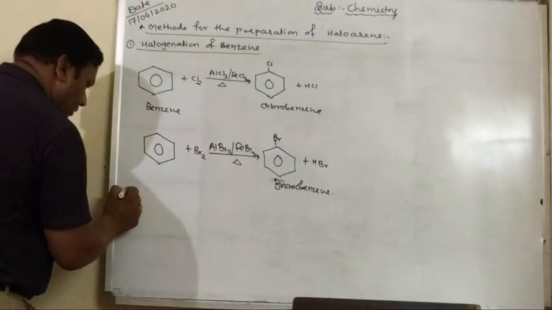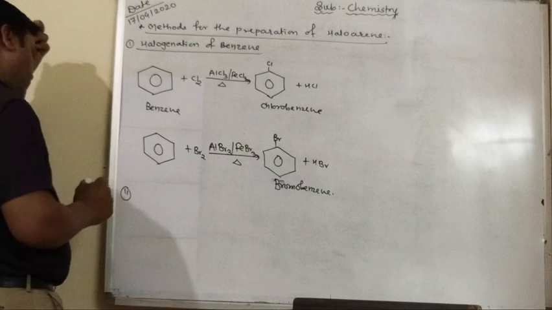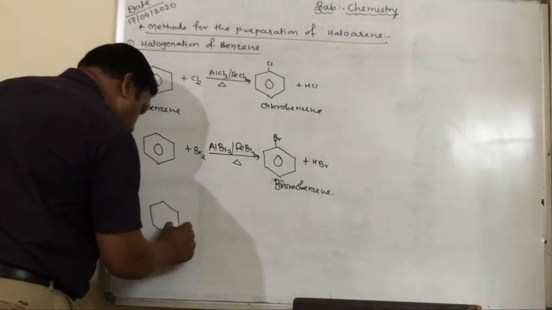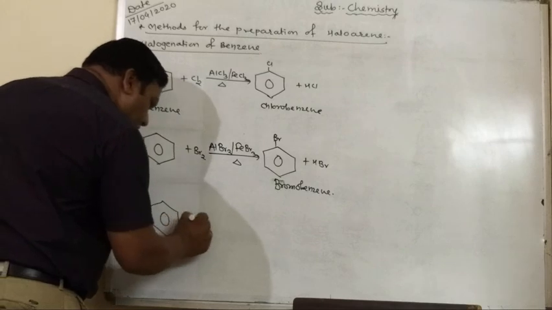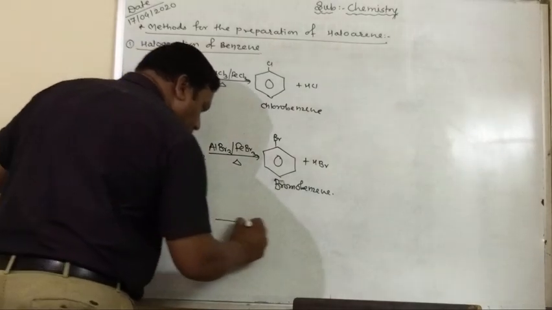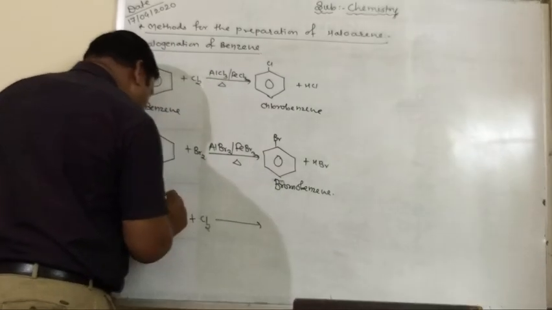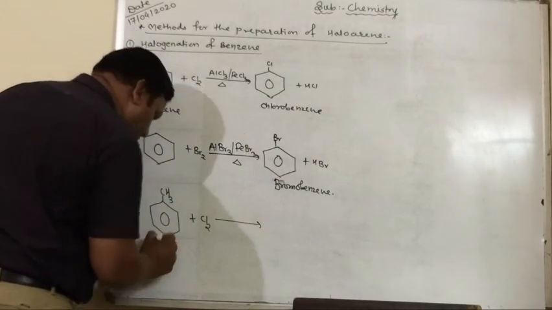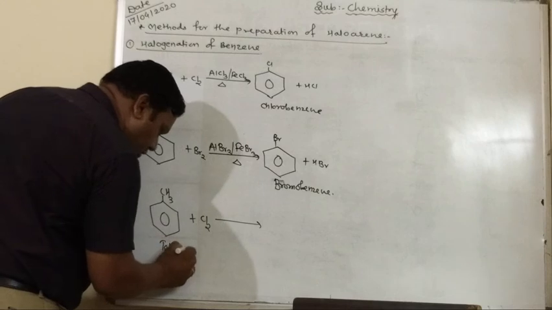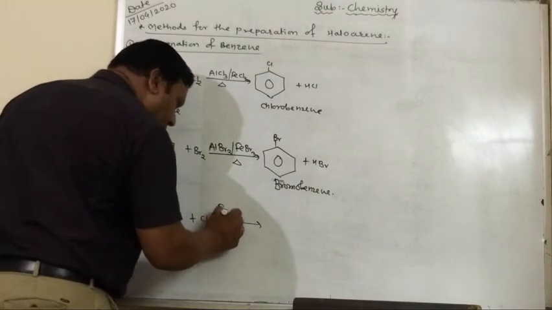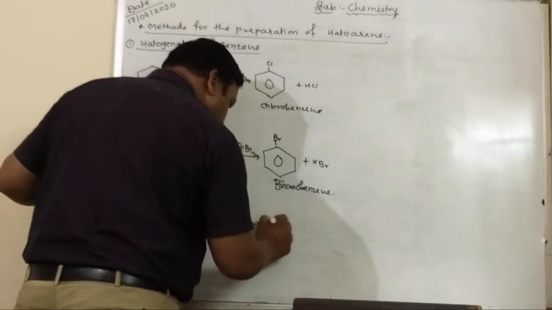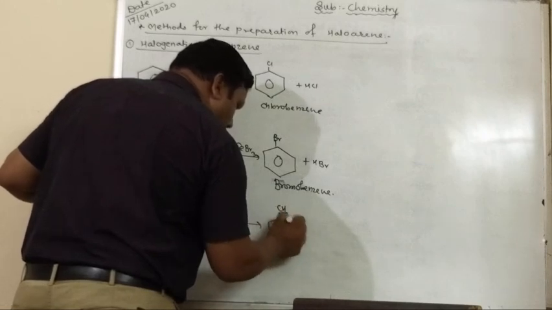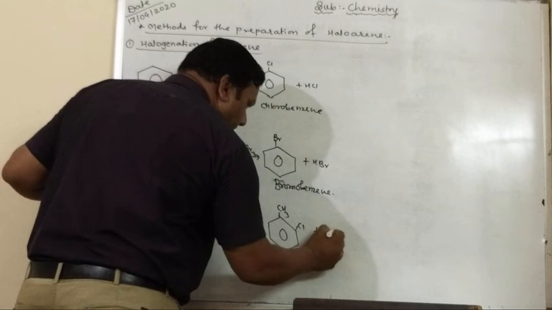Now second one is, toluene reacts with chlorine molecules in presence of FeCl3, you will get orthochlorotoluene.